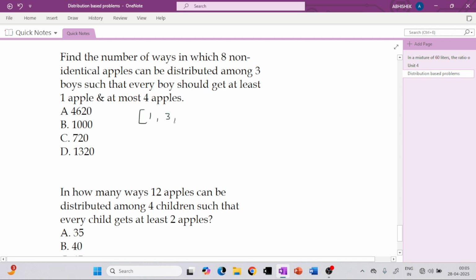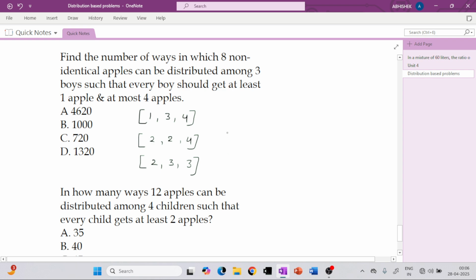This can be done in the following cases: first, 1, 3, 4. Second, 2, 2, 4. Third, 2, 3, 3. I think there are no other cases.